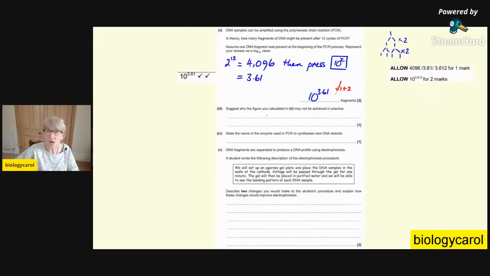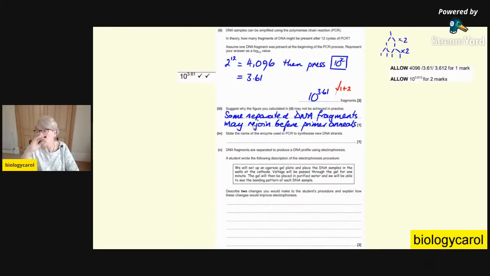So you could have picked any of those details. Maybe that not all the DNA denatured. I went with not all the primers annealed, or that some separated DNA fragments may rejoin before the primer anneals. But they basically wanted a detail from PCR that would explain why it wasn't 100% efficient.